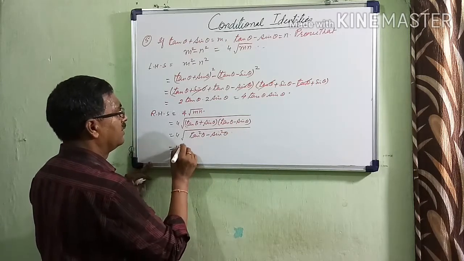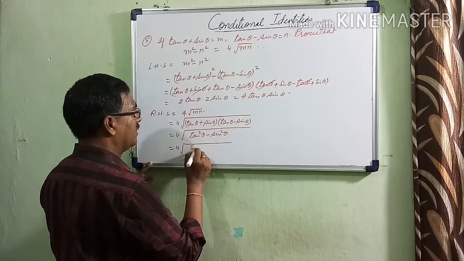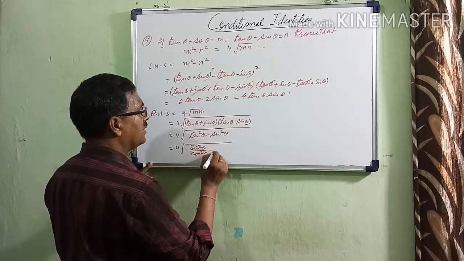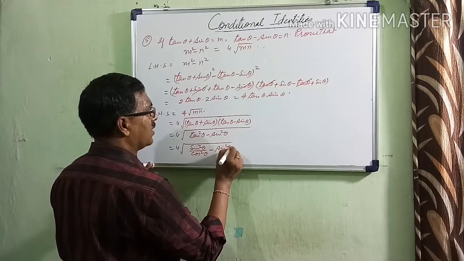Here you can have sin square theta by cos square theta minus sin square theta.